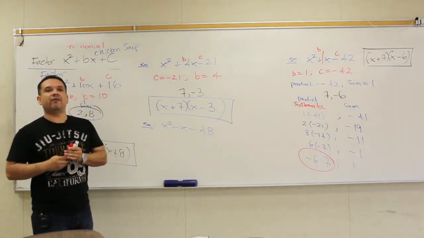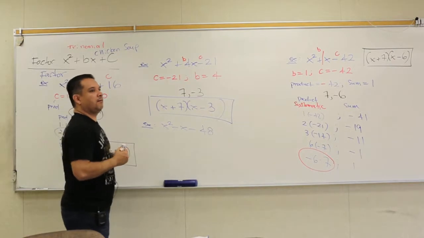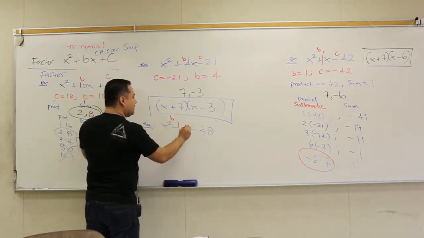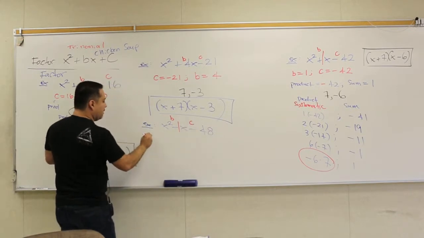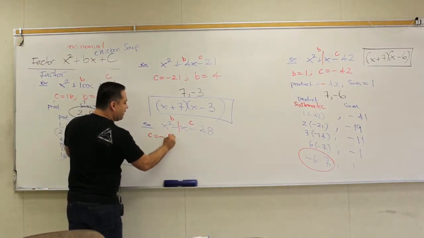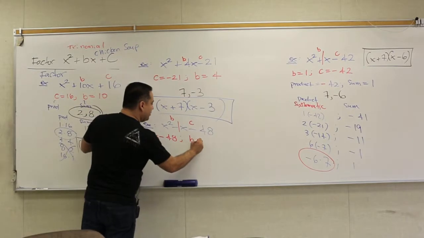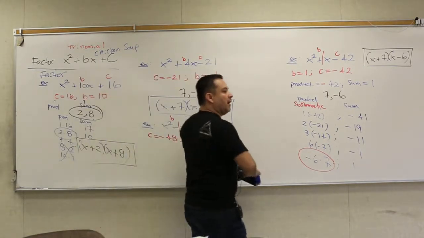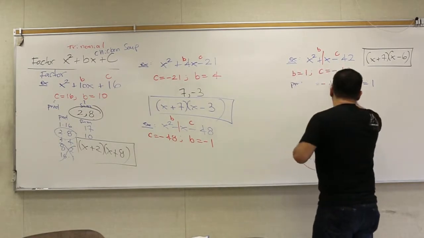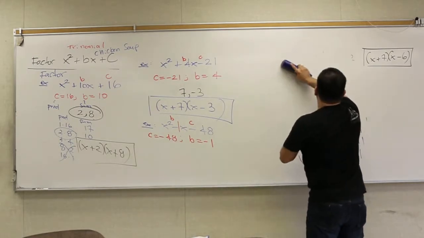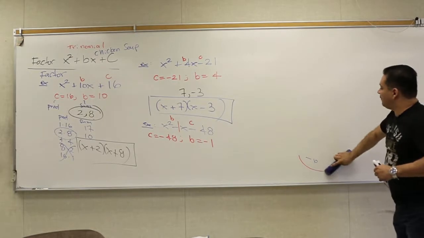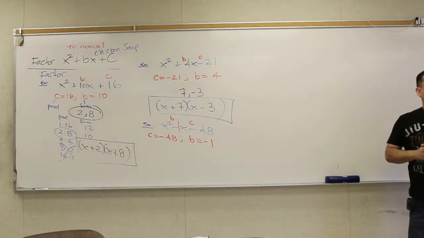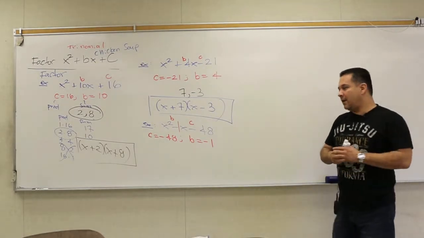The values of B and C, what are they? B is -1, good. What is C? Okay, so I write down C is my -48. B is -1. I need a pair whose product is -48, but whose sum is -1.